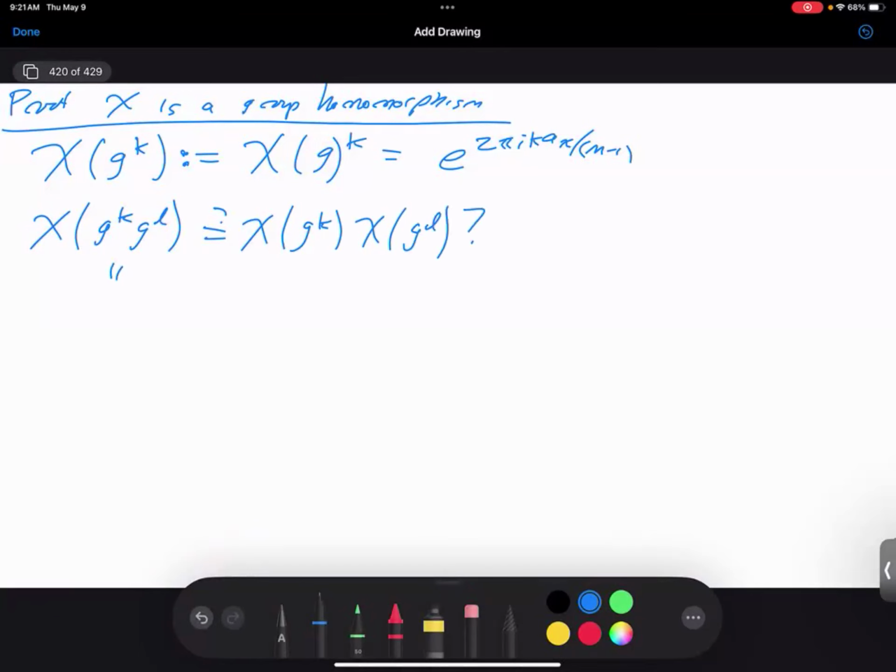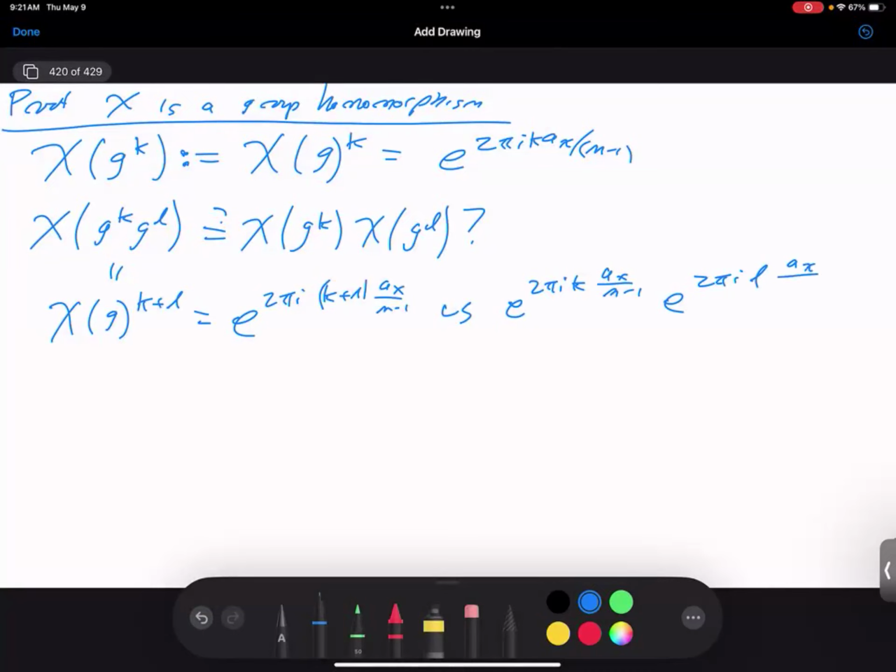Well, by the way we're defining things, this is chi of g to the k plus l, which is e to the 2 pi i (k plus l) a chi over m minus 1, versus e to the 2 pi i k a chi over m minus 1, and then e to the 2 pi i l a chi over m minus 1.